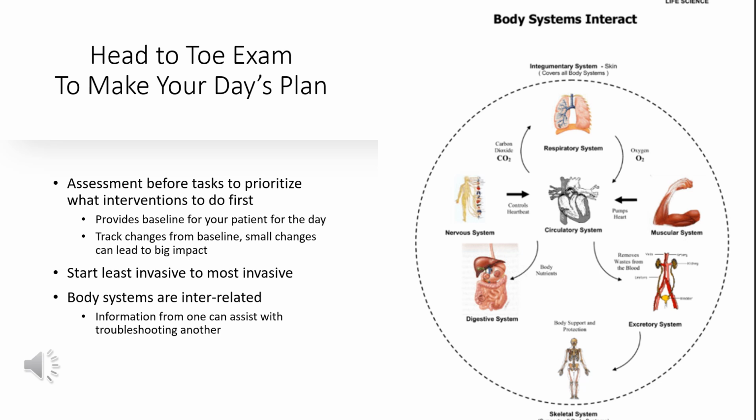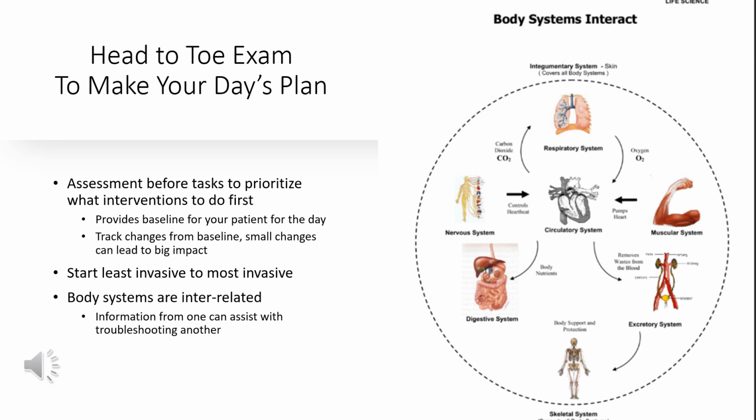But if you're trending those numbers throughout the day, and also assessing lung sounds that might be changing, then you can put those two things together and have a more comprehensive idea of what might be happening and some interventions that might be applicable for that situation.